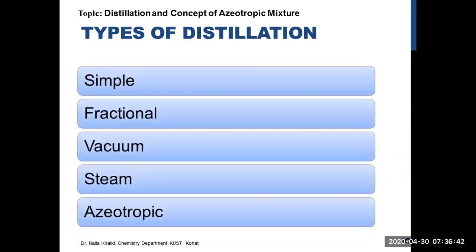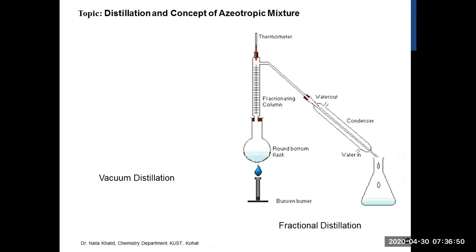Now, types of distillation. There are various types of distillation on the basis of your requirement and the nature of the components: simple, fractional, vacuum, steam, azeotropic. First of all, fractional distillation. This type of distillation is different from simple distillation by the presence of this fractionating column.